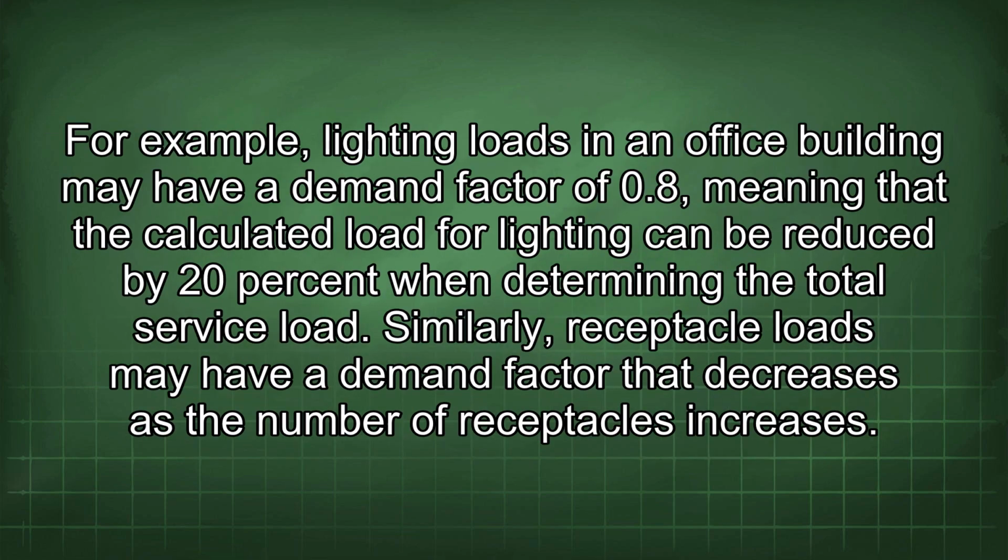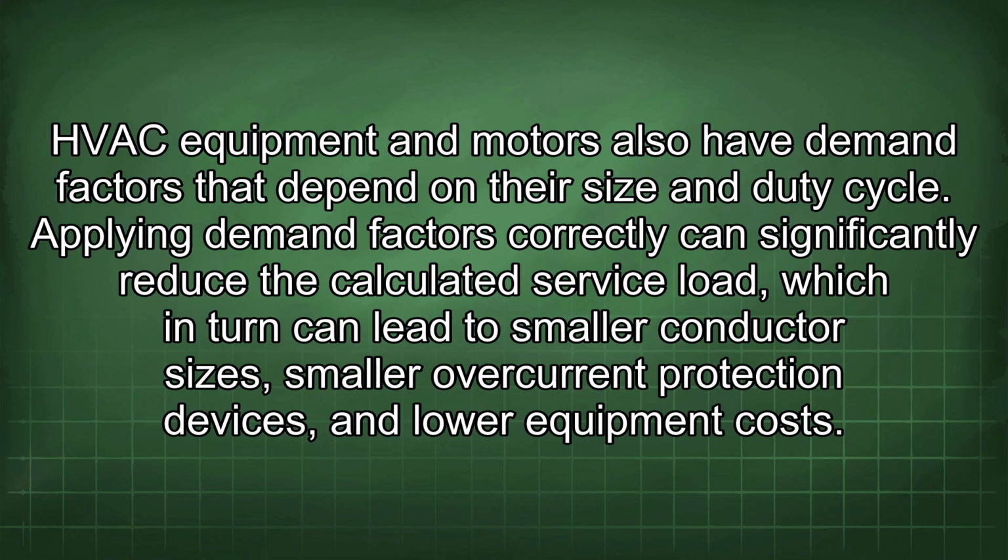For example, lighting loads in an office building may have a demand factor of 0.8, meaning that the calculated load for lighting can be reduced by 20% when determining the total service load. Similarly, receptacle loads may have a demand factor that decreases as the number of receptacles increases. HVAC equipment and motors also have demand factors that depend on their size and duty cycle.